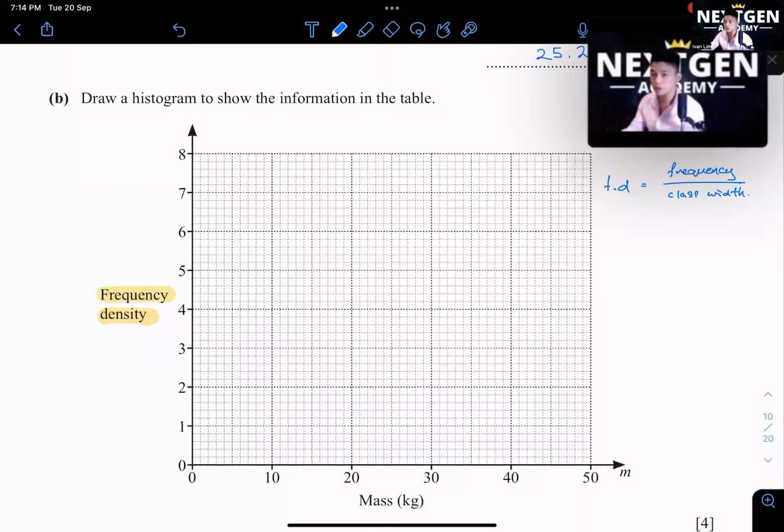Next one. N is a point on the base of the cylinder such that BN is a diameter. Calculate the angle between AN and the base of the cylinder. You gotta draw this out. N here, and this is the angle. We know this is 20, and BN is the diameter, which is 2r.